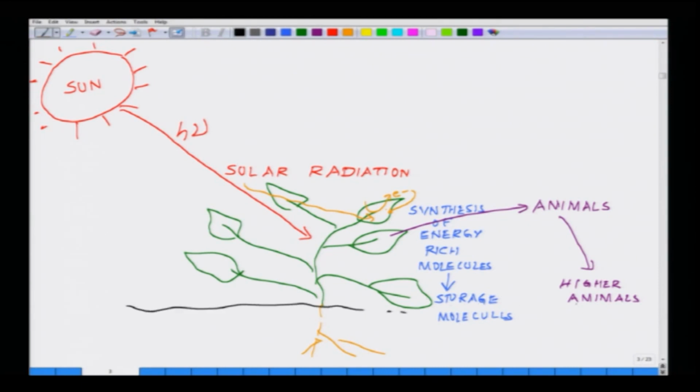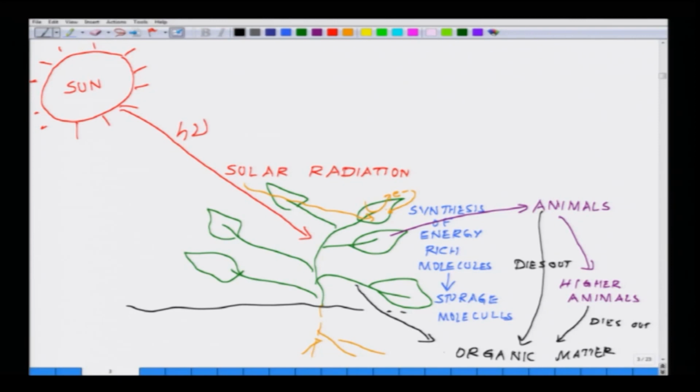all of these die out, increase the biomass of the soil and get transformed into organic matter.